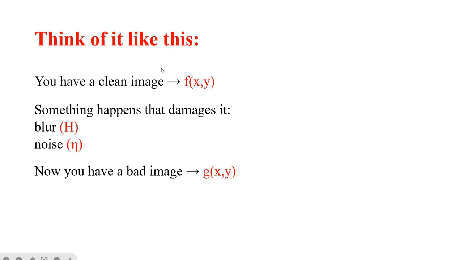This was a clean image, and now it has become a bad image, g of xy. Now we want to convert this bad image back to the clean image, but it cannot be done 100% back to f of xy. So this g of x comma y will be made into f cap of x comma y with the help of restoration. Okay, so this was about the restoration.